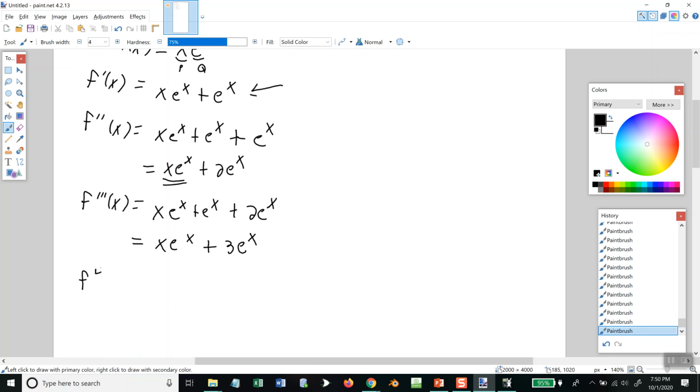And then our fourth one, we'll have x e to the x plus e to the x. The derivative of 3e to the x is 3e to the x. And that gives us 4e to the x.